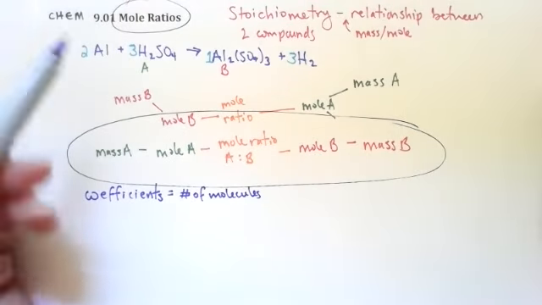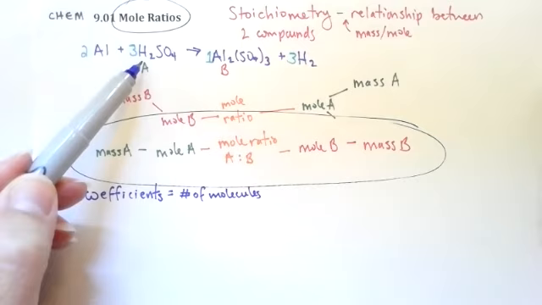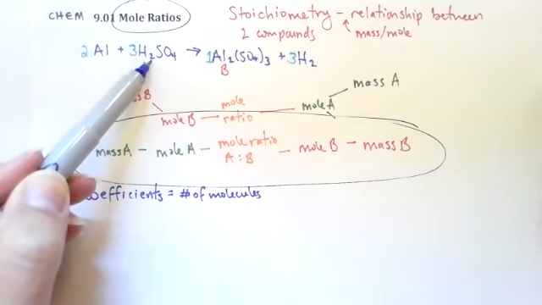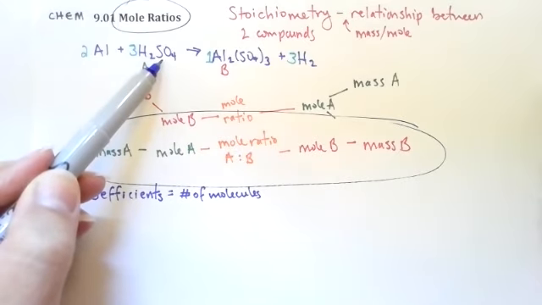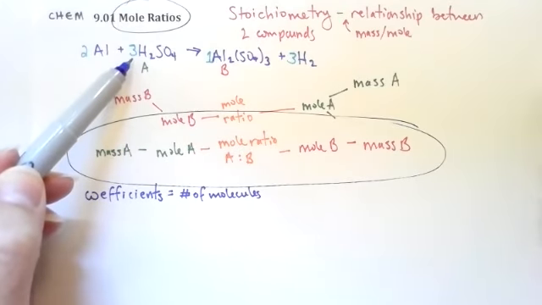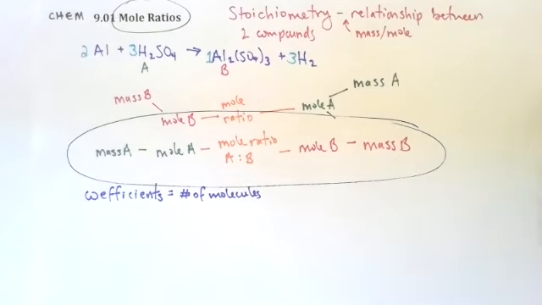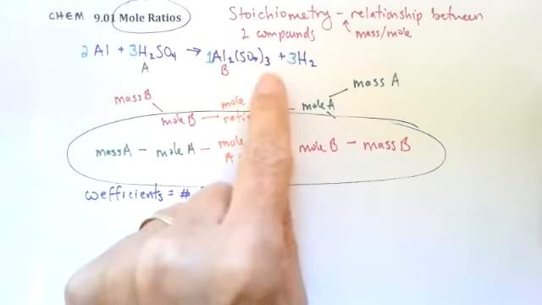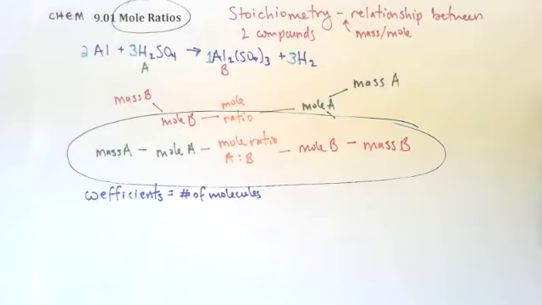So for example, if we looked at one atom or one molecule of sulfuric acid, H2SO4, we would say it has 2 atoms of hydrogen, 1 atom of sulfur, 4 atoms of oxygen, and I have 3 molecules of that. Well, that's actually not the best way to talk about our coefficients. And in fact, our subscripts also, it's not necessarily the best way to talk about them in terms of number of atoms. These numbers can all represent moles.